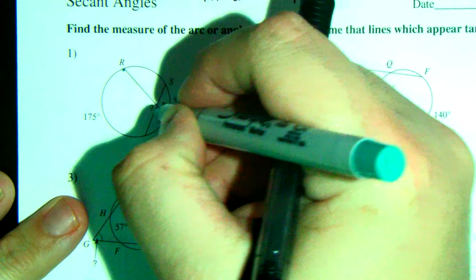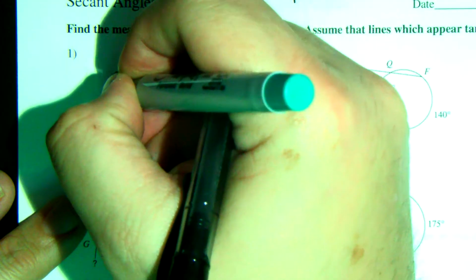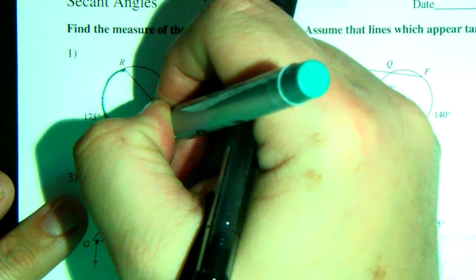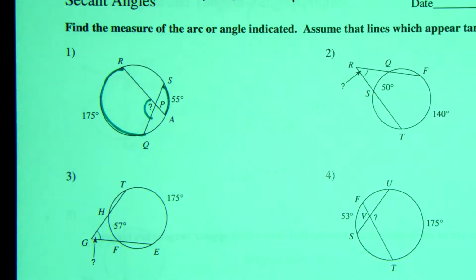If we're looking for this angle right here, there's an arc we got to deal with there, and there's an arc we have to deal with here. So now there are 2 arcs. And so there's only 2 ways that we can really combine the arcs. We can either add them or subtract them.